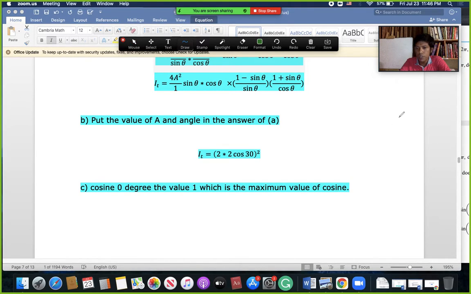Suppose you have a torch light and you want to give some light here. How can your light give the maximum light here? When the light is directly straight, at 0 degree angle with your target, then you will get maximum light here.